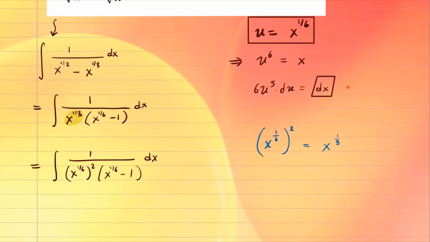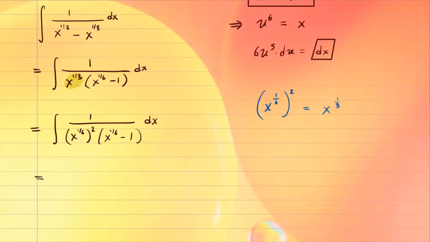And then dx is going to be replaced with that. So this is equal to the integral where dx is replaced with 6u to the 5th du, and x to the 1/6 is u. So it's u squared times u minus 1. There you have it, everything in terms of this new variable.